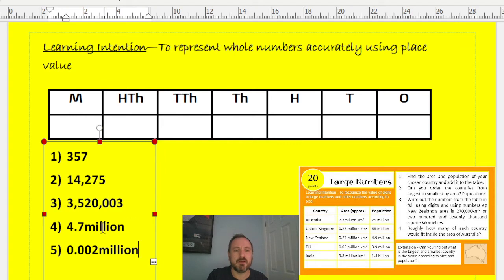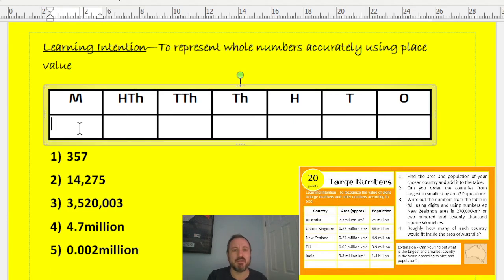And we can write this in, if we understand that it says 4.7 million, we're going to actually start in a different place this time. We're going to write the 4 million in the 4 million column. Okay, now in the number 4.7 million, the 4 and the 7 are together. They're separated only by a decimal point, but we're actually going to make this into a whole number represented by all those digits.